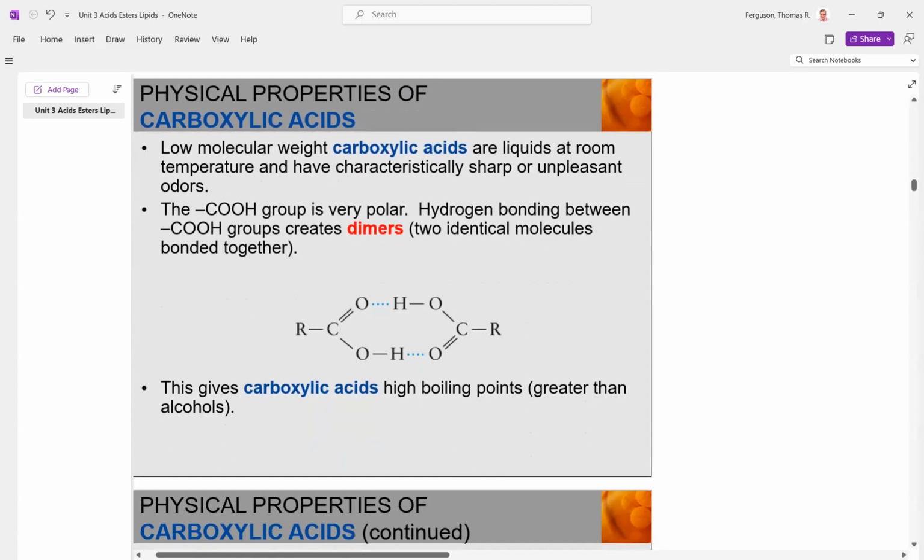Now, again, carboxylic acids are extremely polar. The reason they're extremely polar is because they dissociate that hydrogen off and it becomes ionic, and ionic things are tremendously polar.